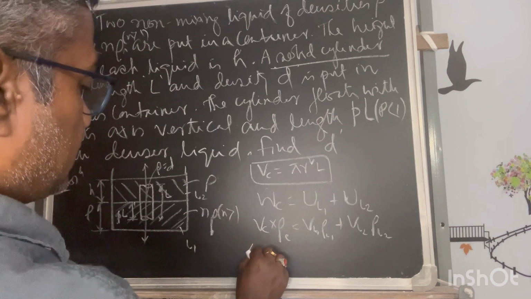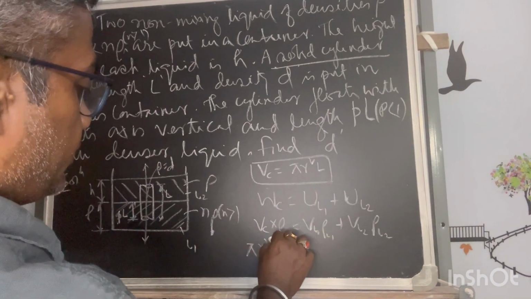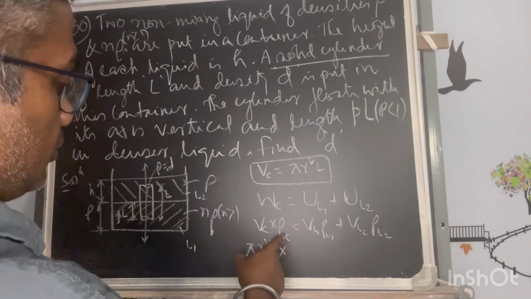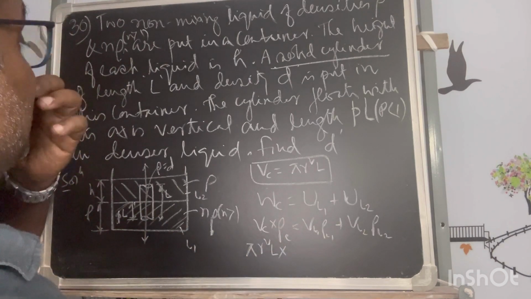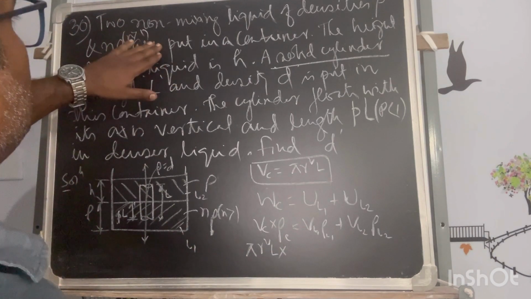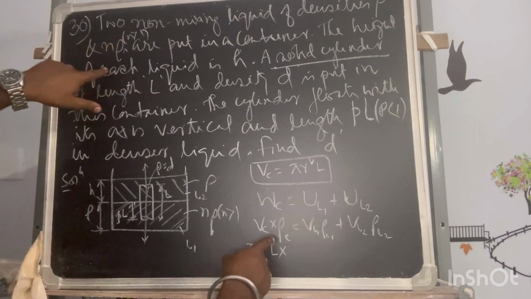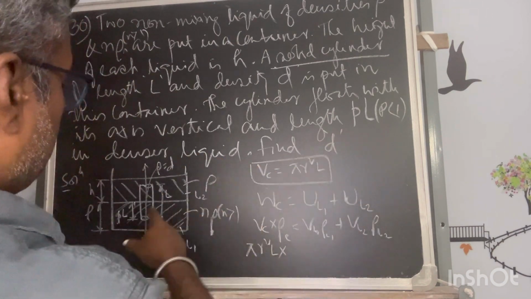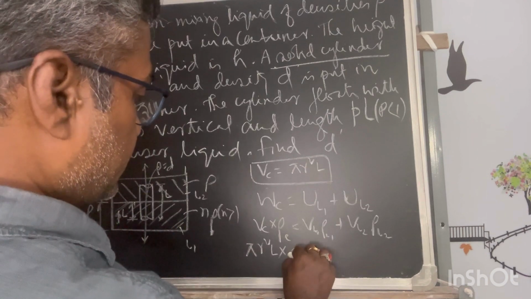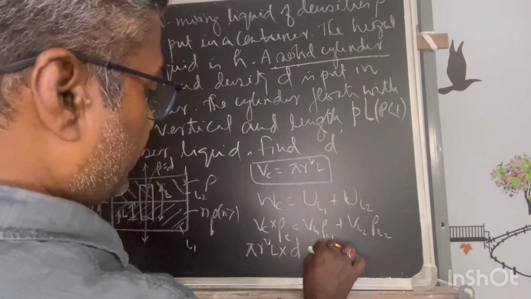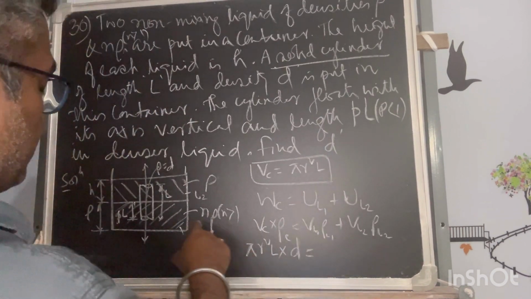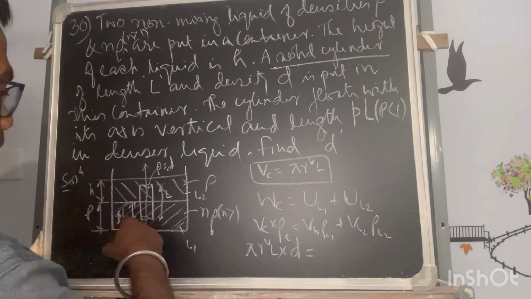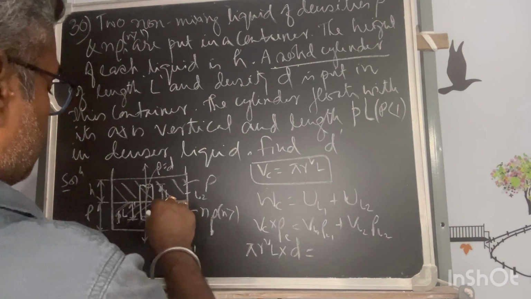The volume of the cylinder is pi r square into total length L, and the density of the cylinder is given as D. This is the volume of the solid that is in liquid 2, which is PL.